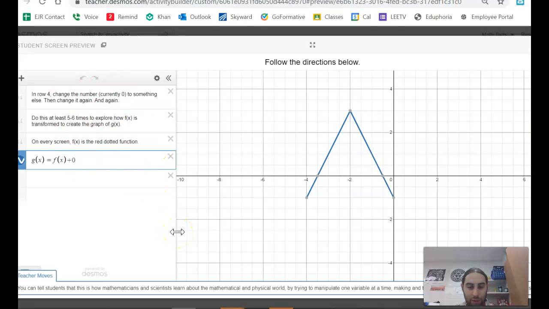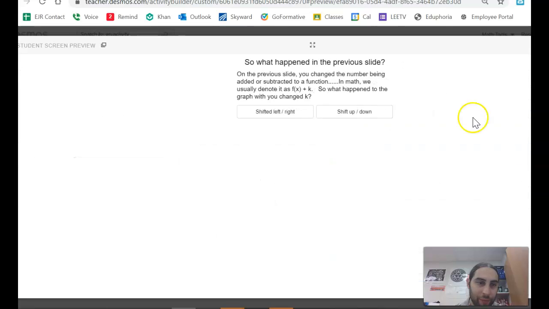Okay. So what happens if we change this 0 to a 1 or a 2 or a 3 or a -4 or -3 or -2? So you get the idea that this shifts it up and down, right? So whenever you have it outside of the parentheses, that's a shift up or down.